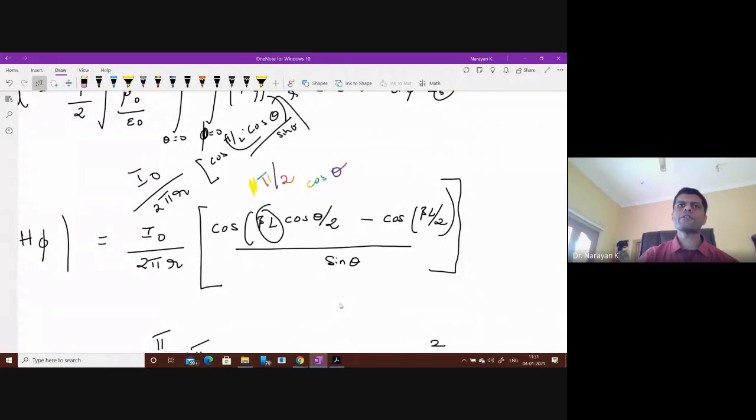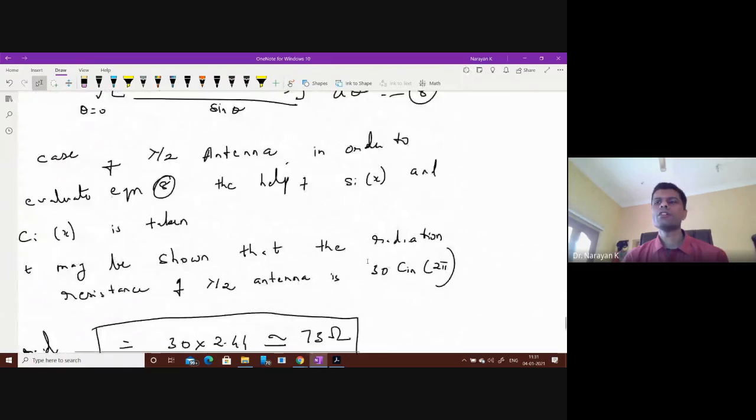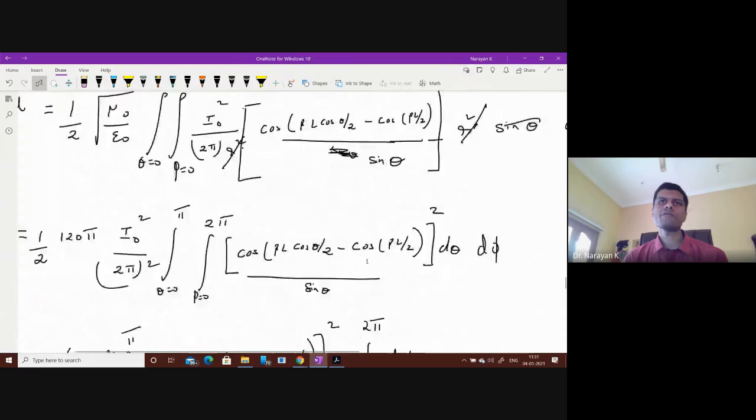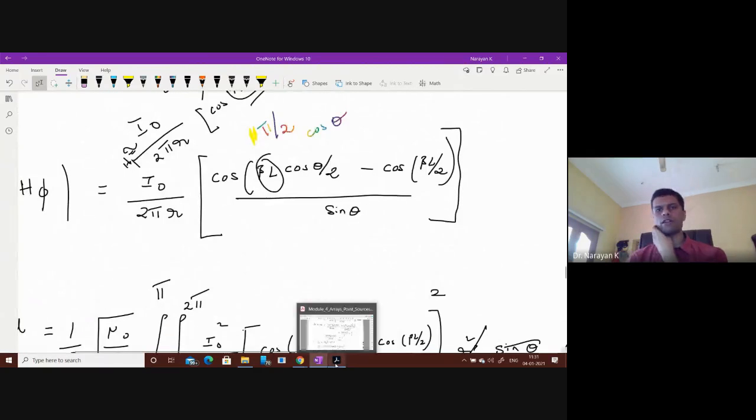This is the approximate equation for H phi. The other is the exact equation, because this component will be extremely negligible, so these can be neglected. But anyway, I have done it with cosine integral, so this is also fine. When you are doing problems, you have to do this approximation, if at all they ask.